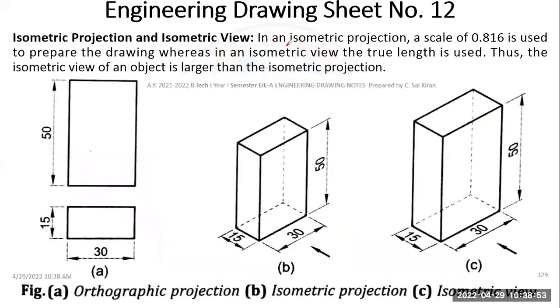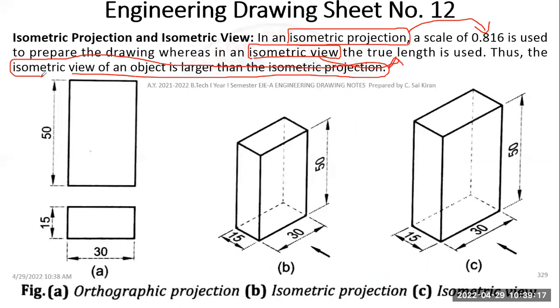Therefore isometric view is always larger compared to isometric projection.